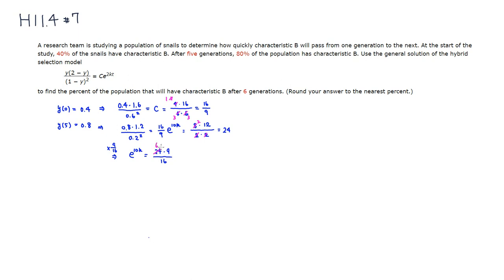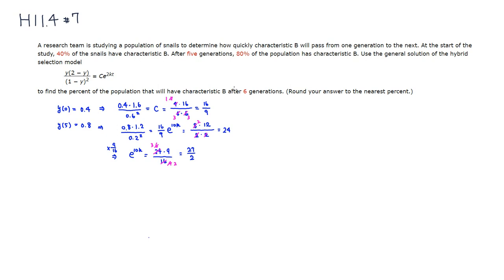So 6 times 4 is 24. Actually, I can divide by 8, so it's a 3, and that's 2, right? So it's 27 over 2, right?